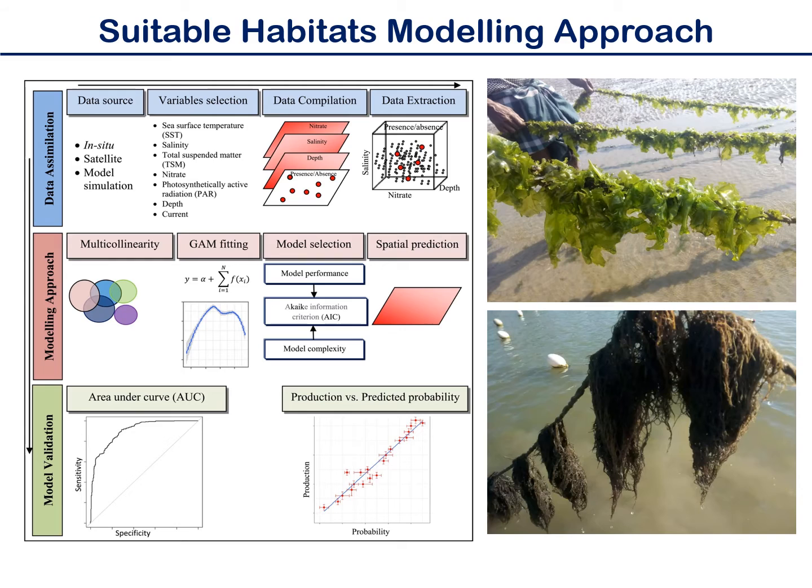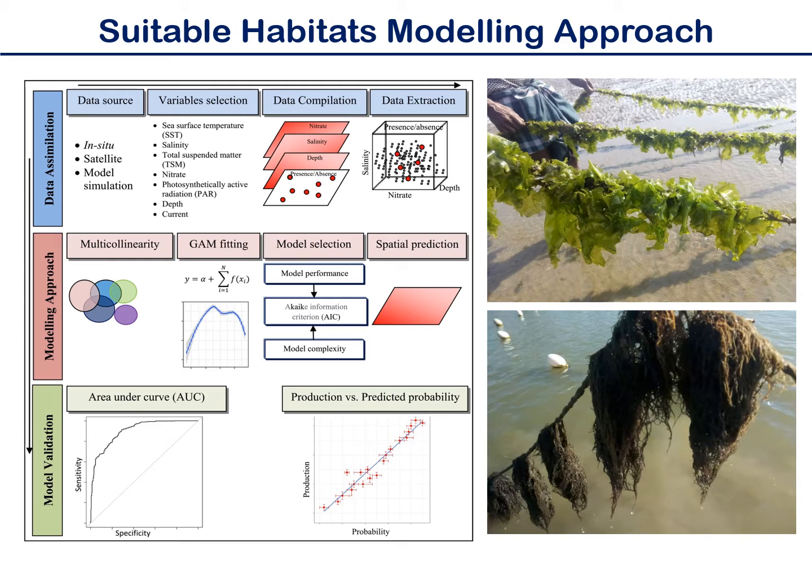So this is the method for habitat modeling. We used different types of data, like in situ data, satellite data, and model simulation outputs, and we considered several variables. Then we performed statistical analysis like a multi-collinearity test, and used a generalized additive model to predict the habitat of seaweed.